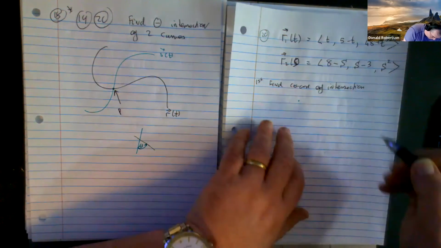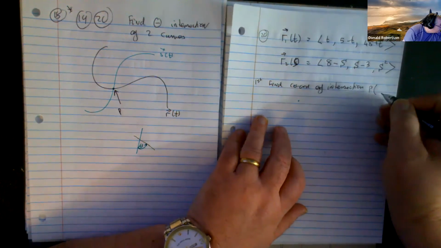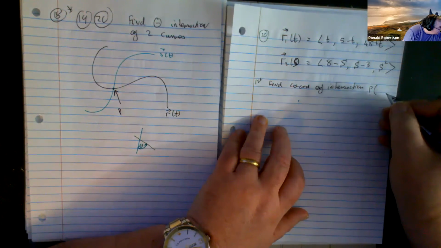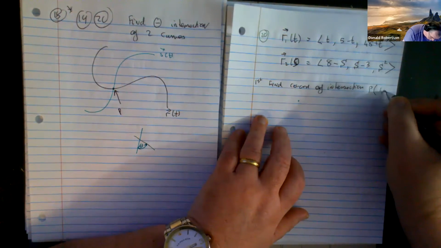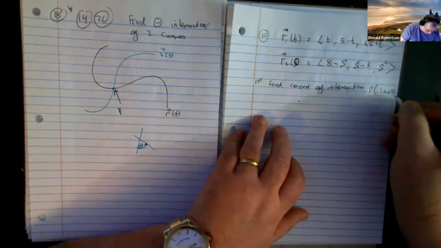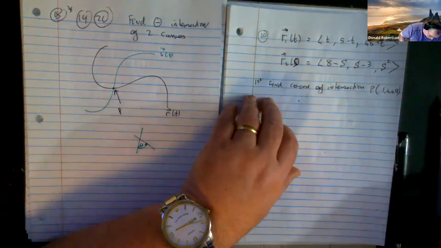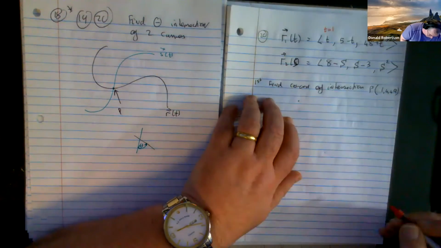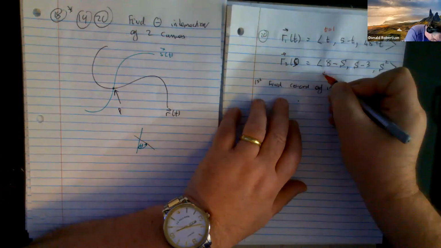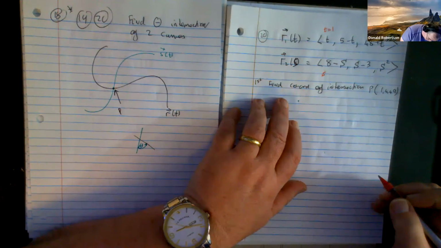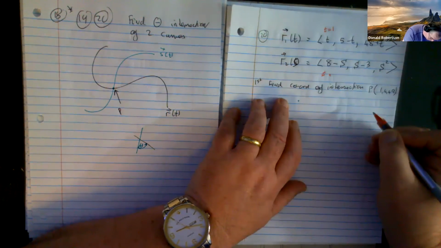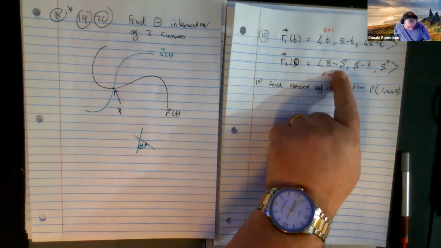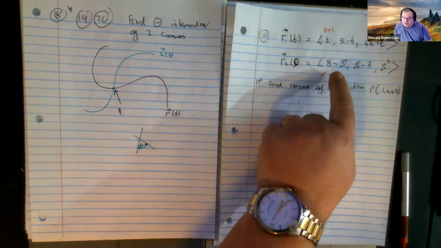Okay. The point of intersection, according to them, is (1, 4, 49). And that happens when t equals 1, and when s is equal to 7. So these two curves intersect at this point, and I'm telling you what the t and the s are.